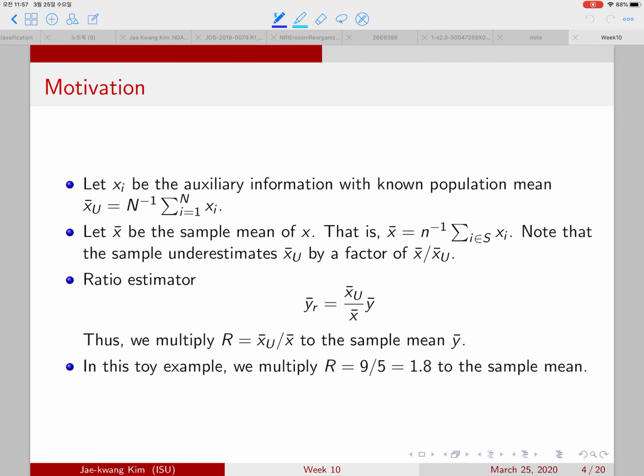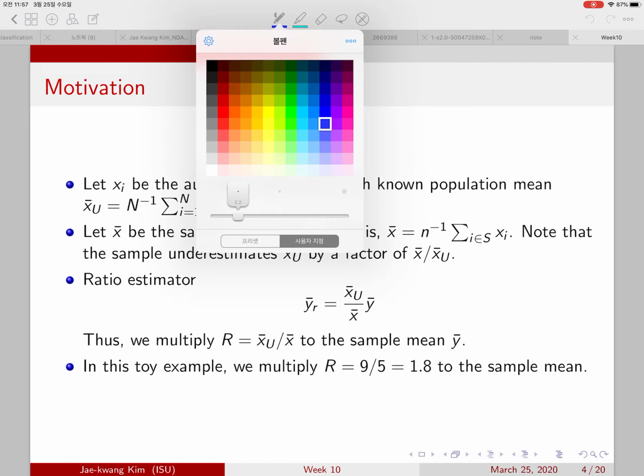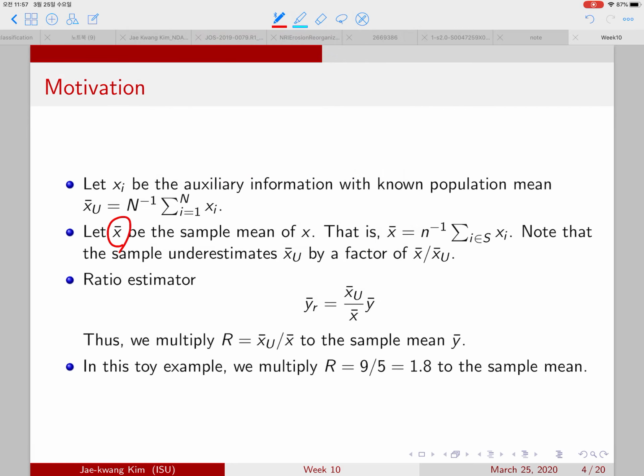So let x_i be the auxiliary information with known population mean x bar u, and x bar is the sample mean. So we use this one as the population mean. Without subscript, we will just assume that it is the sample, and everything is simple random sampling.